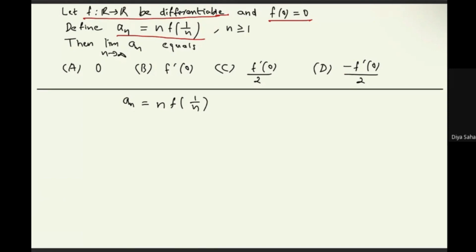Generally when you see such a problem, you can try some examples and put them there and see what happens, so that maybe you can neglect some options and get the answer. Or you can directly prove it, whichever. So, sequential criterion. Yes, so you are going to prove it.